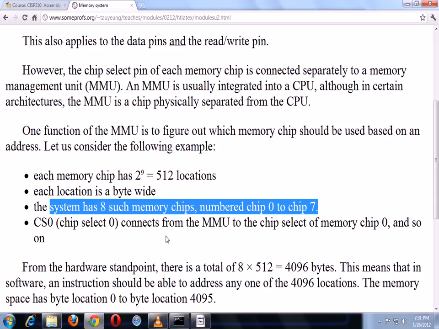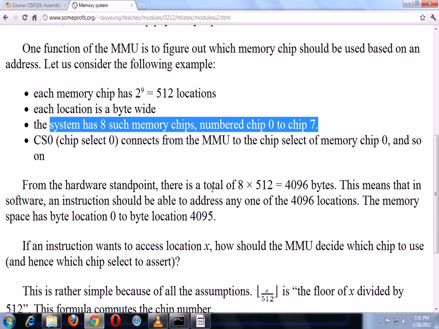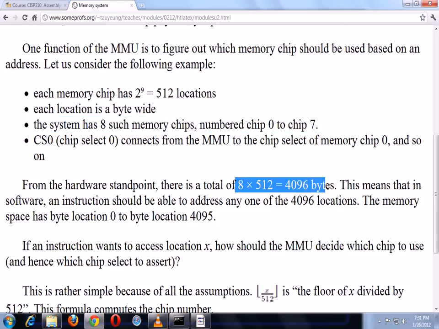So there are 8 individual chip select lines connected to the MMU separately. From the hardware perspective, the actual size of memory is 4,096 bytes. Even though each chip only has 512 bytes, we have 8 of these, and 8 times 512 is 4,096. So we have a total memory space of 4,096 bytes.